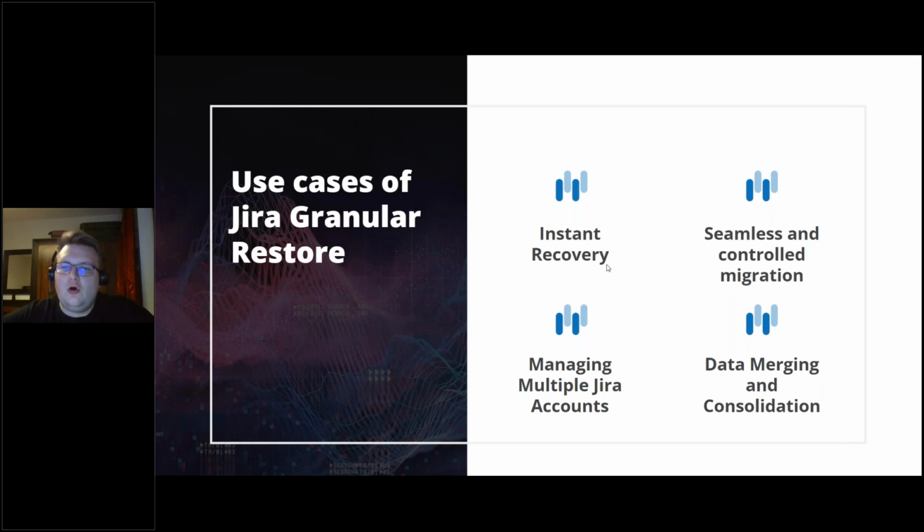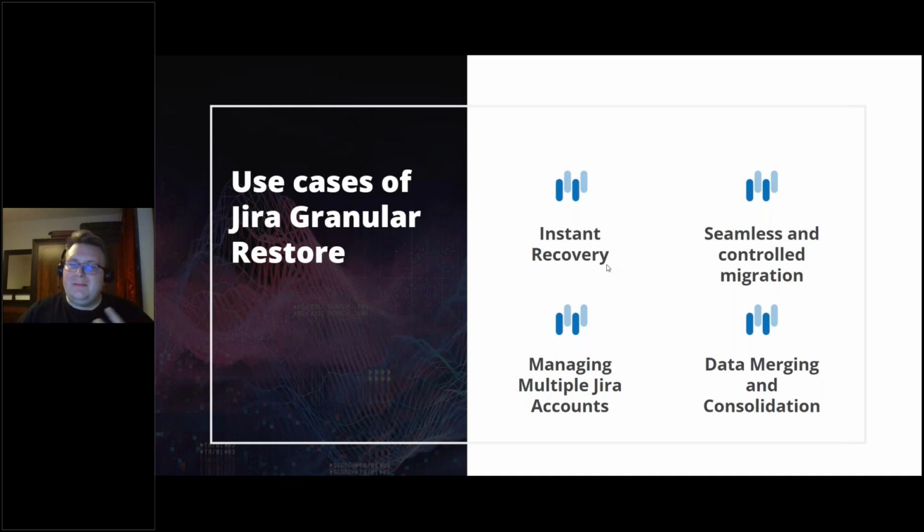You are able also to use this solution for a data migration. So for example, if you have two organizations merging together their Jira accounts, you can take all the projects from one account and use Granular Restore to move them to this new organization without overwriting existing data.